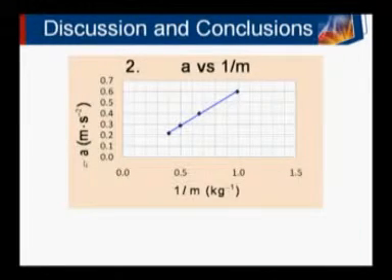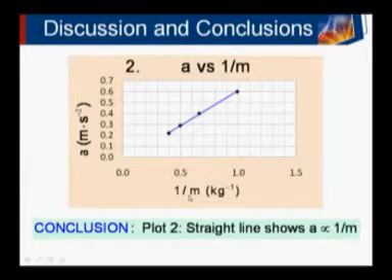If we invert the mass of the trolley and plot the acceleration of the trolley versus 1 over the mass, we can see a straight line that goes through the origin. This means that acceleration is directly proportional to 1 over the mass of the trolley. In other words, acceleration is inversely proportional to the mass of the trolley.